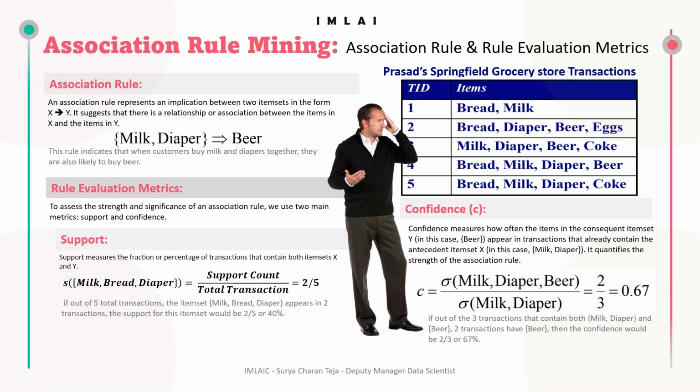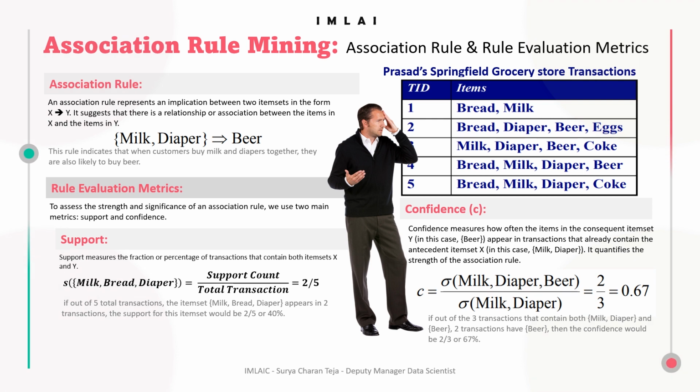Prasad then evaluates these rules using support and confidence. Support helps him identify how frequently these combinations occur, and confidence tells him the likelihood of finding the consequent items in transactions that already contain the antecedent items.